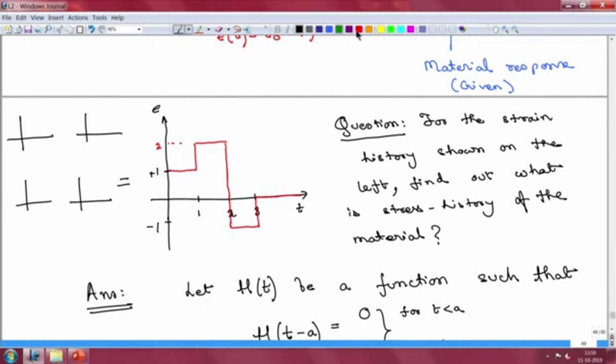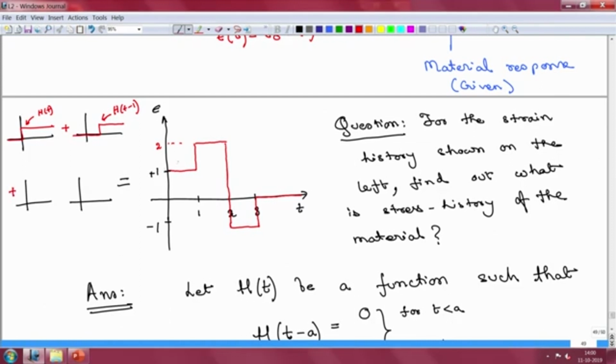So, this function can be thought of as being equal to h of t plus h of t minus 1 plus, actually in this case.